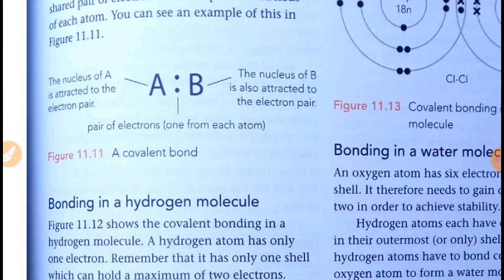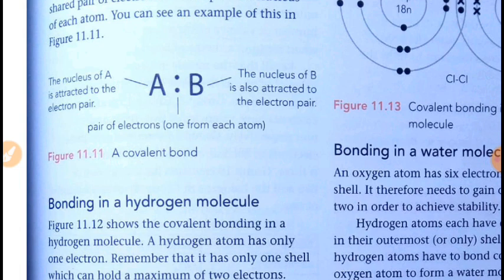So I'm just repeating what I've explained before, maybe to make you understand more what is happening here. A is an atom and B is another different atom. A is contributing one electron, whilst B is contributing one electron to the bond.